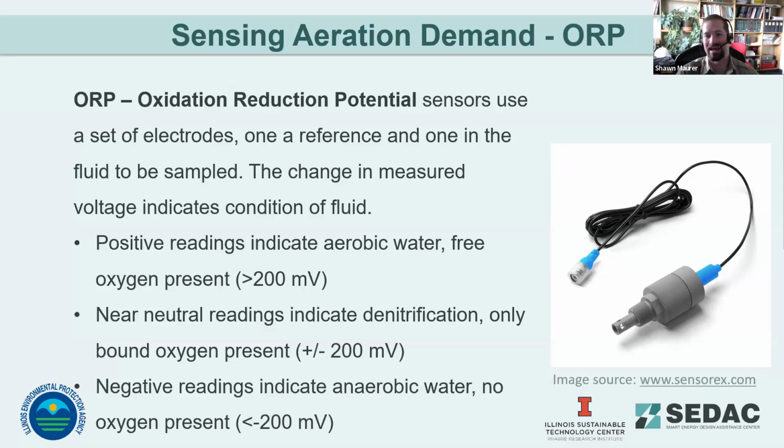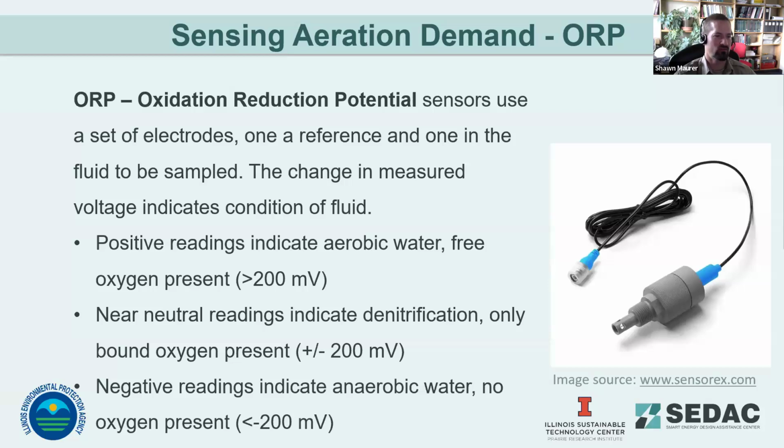and microbes are stripping that oxygen away. And then once you get into lower negative readings, now you're into an anaerobic condition where you're actually able to promote phosphorus removal, as those PAOs will prefer that anaerobic environment.